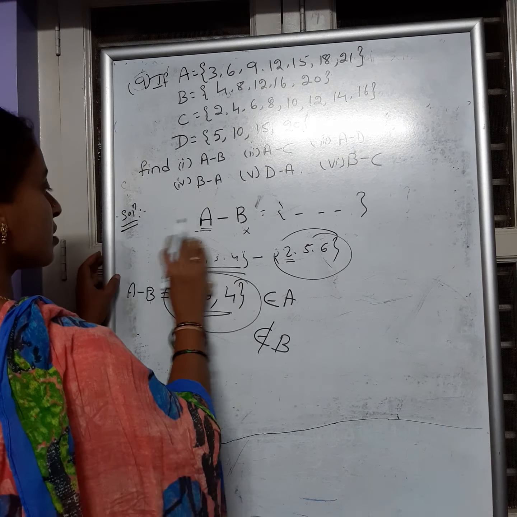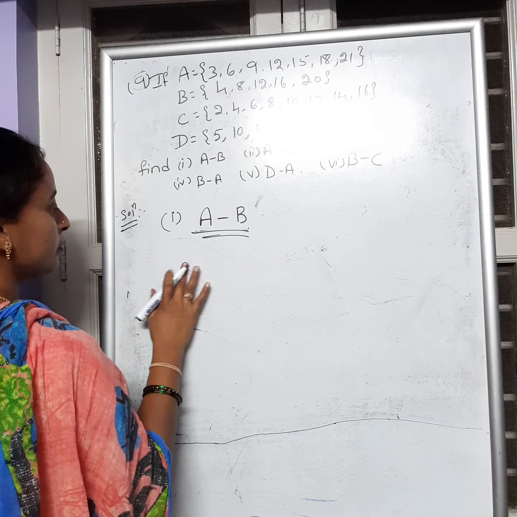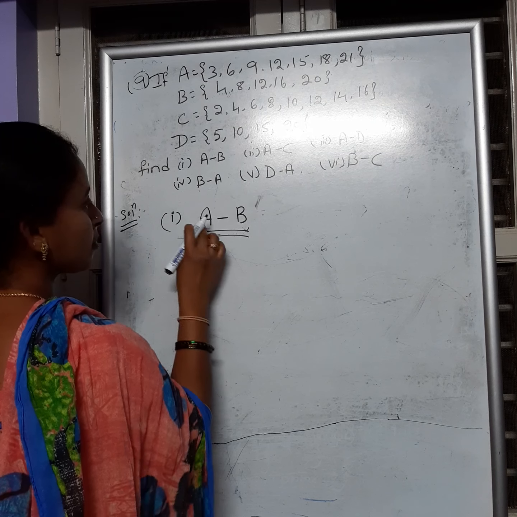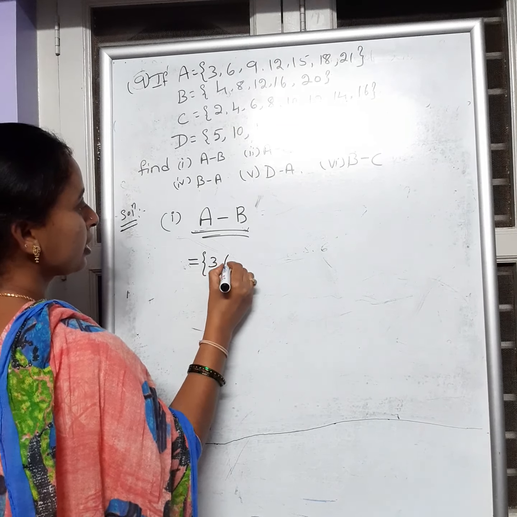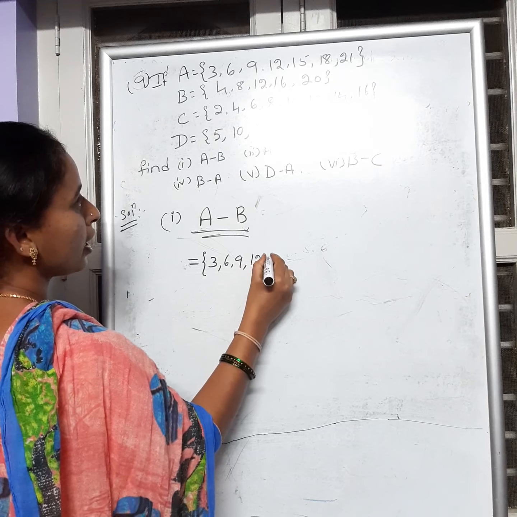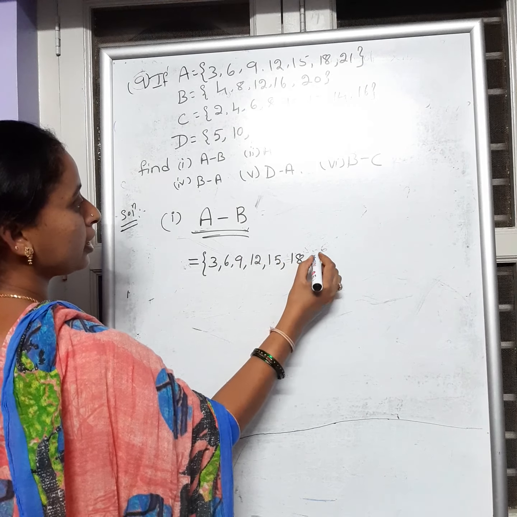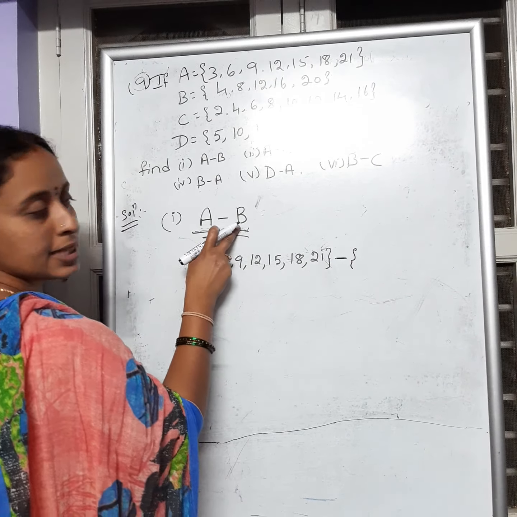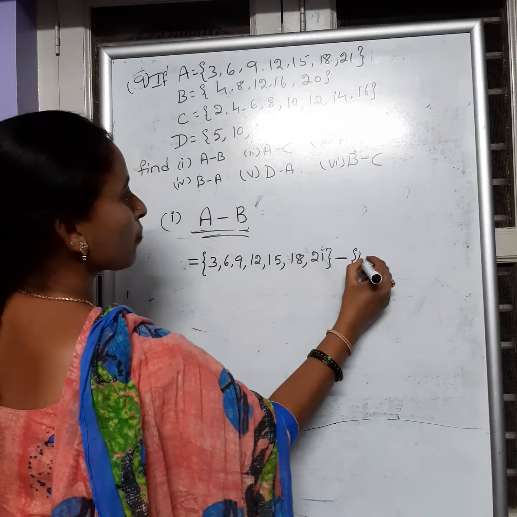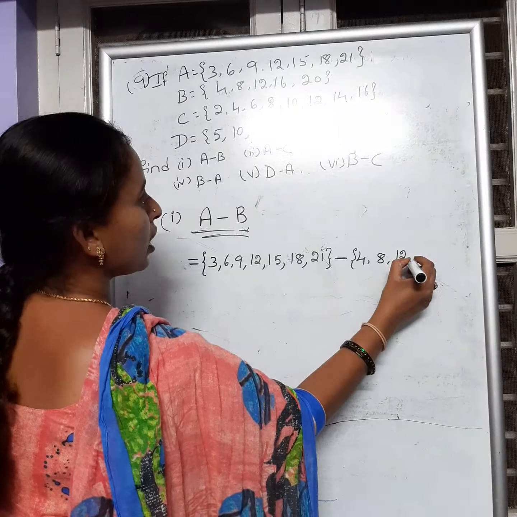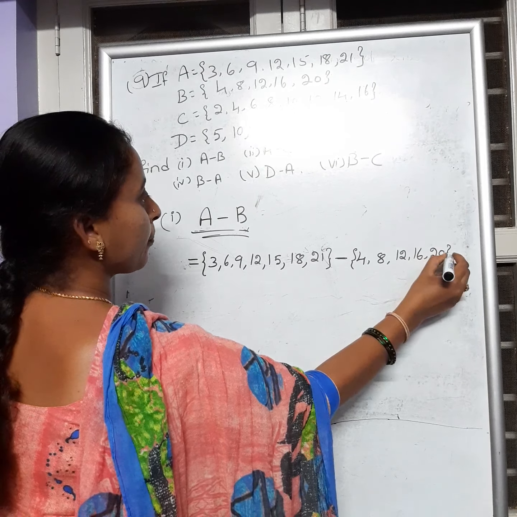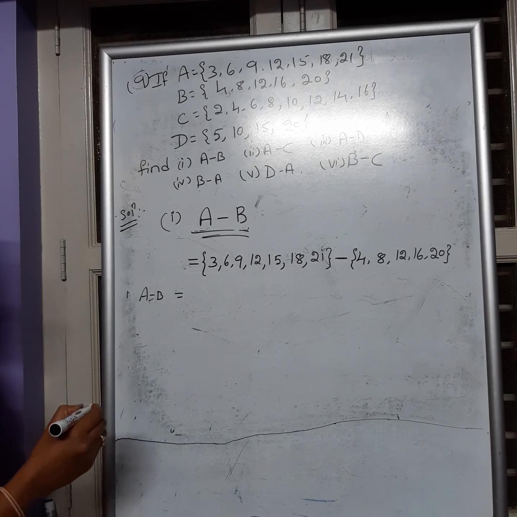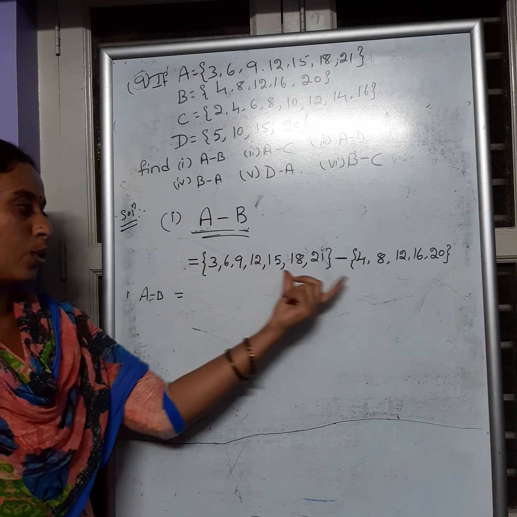A equals, substitute the A set elements 3, 6, 9, 12, 15, 18, 21, minus, and take the set B elements: 4, 8, 12, 16, 20. Now take the difference of both the sets.